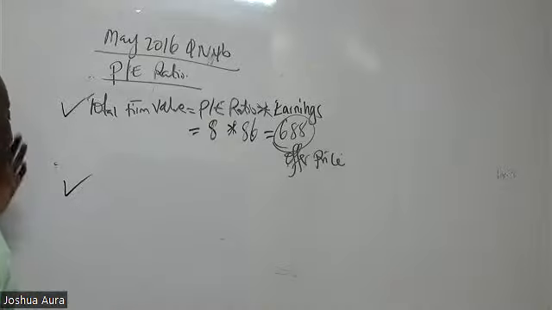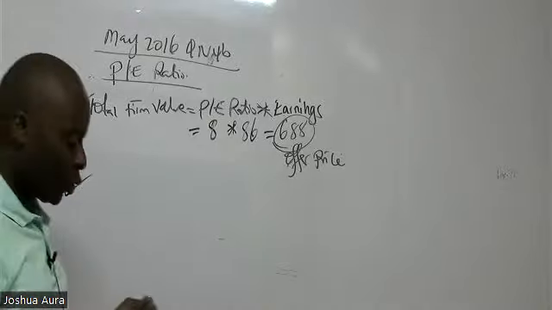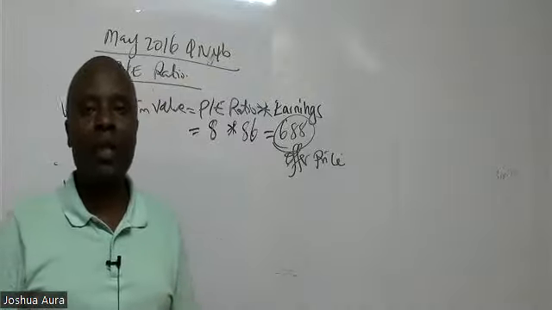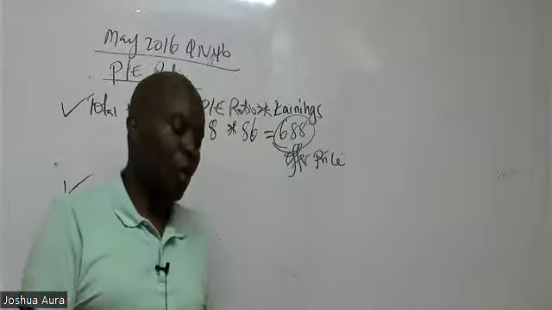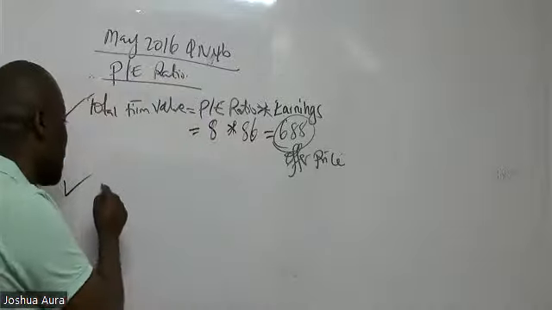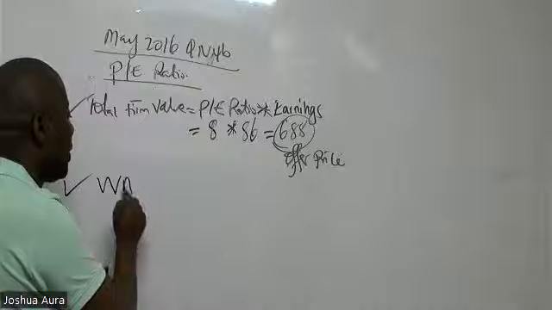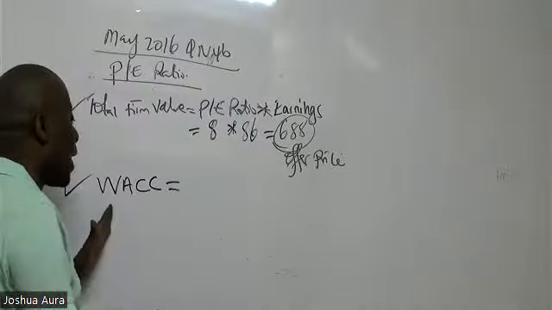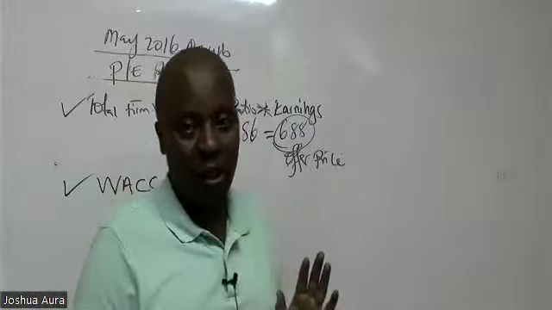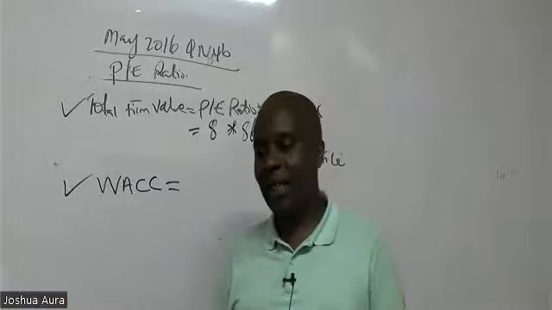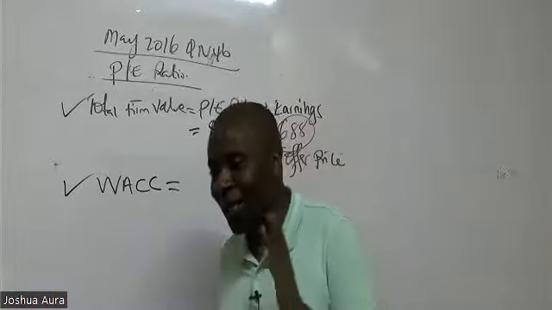Even after they are appointed finance directors of their big companies, you'll get somebody, instead of pronouncing this professionally as WACC, calling it Wakaka. No, that's very unprofessional. It's supposed to be WACC.